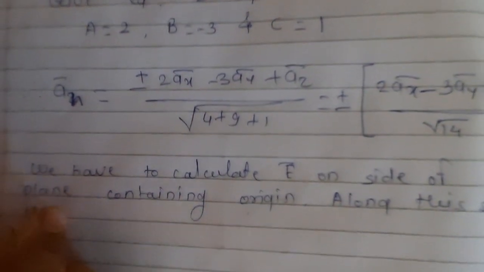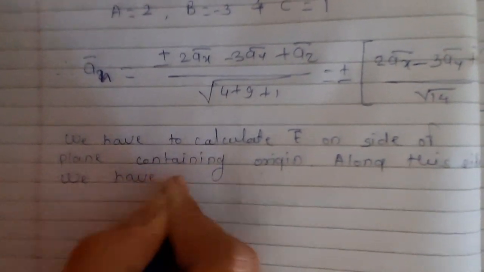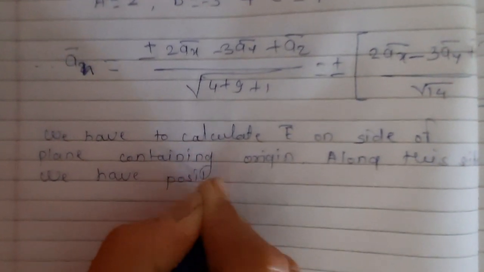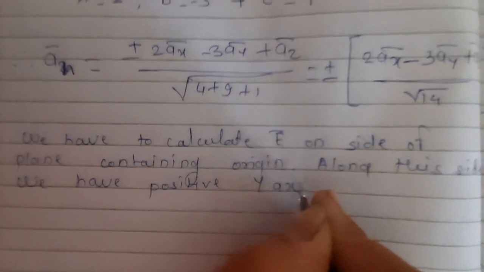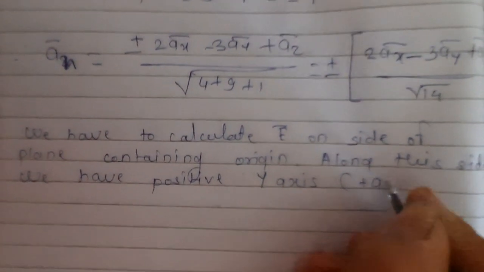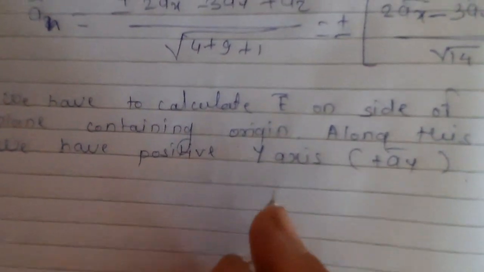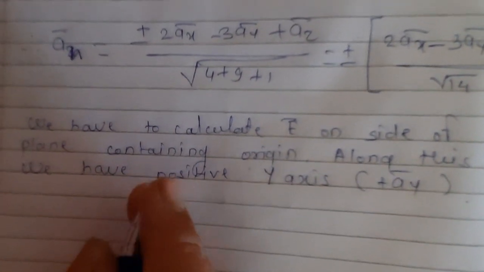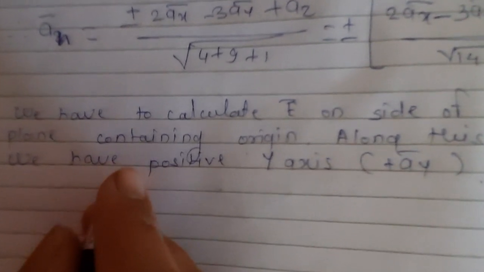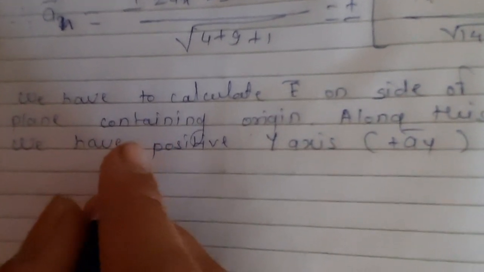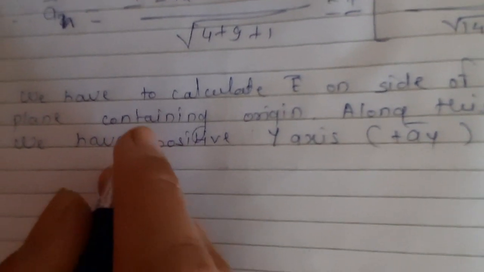So along this side we have positive y-axis, that is plus ay bar. So the equation of an bar should have the plus ay bar direction.